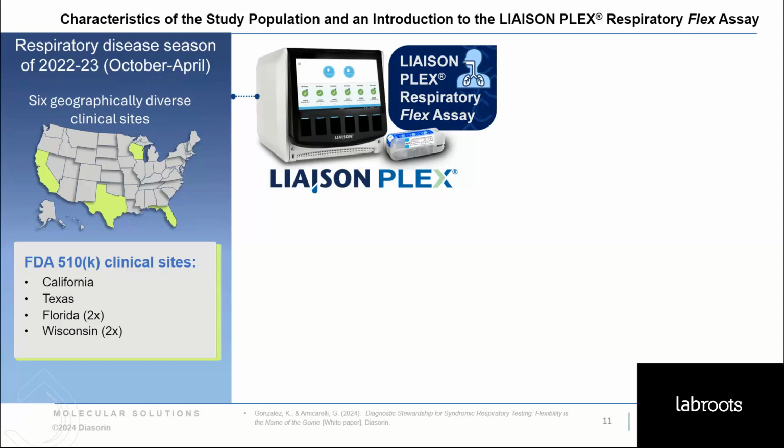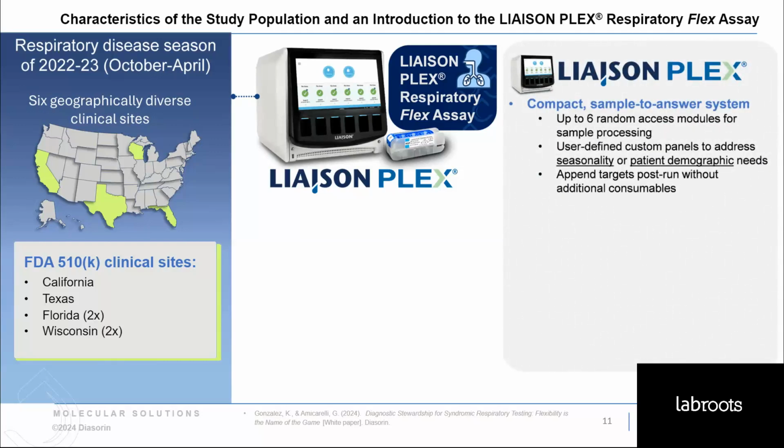Back in 2022 and 2023, between October and April, the study was carried out across 6 geographically diverse clinical sites in the US as part of the FDA 510(k) submissions for the LIAISON PLEX and the LIAISON PLEX Respiratory Flex assay.